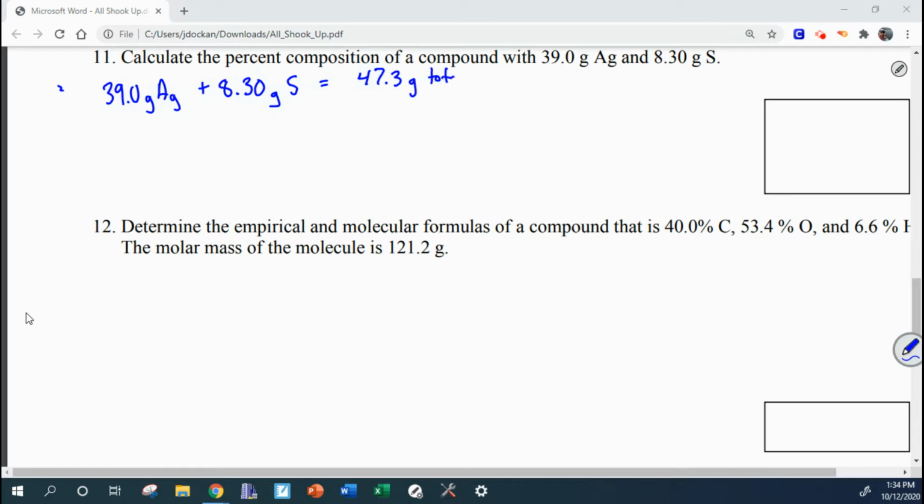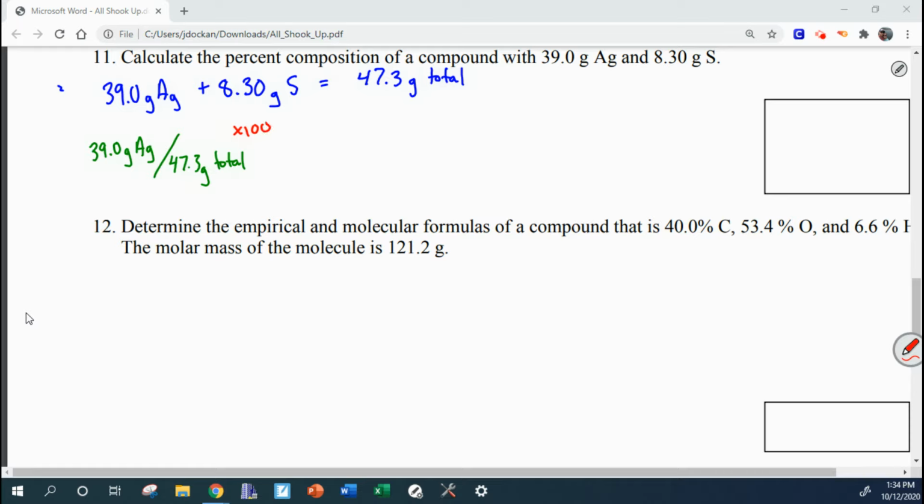I'm going to write total. So now I'm going to take each part and divide it by the total, multiply by 100 to get a percentage. So let's do 39.0 grams of silver divided by 47.3 grams total. And I'm going to multiply by 100.